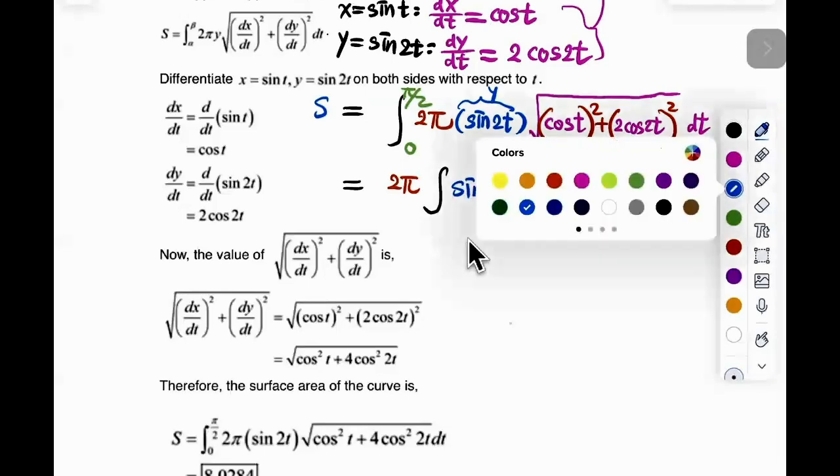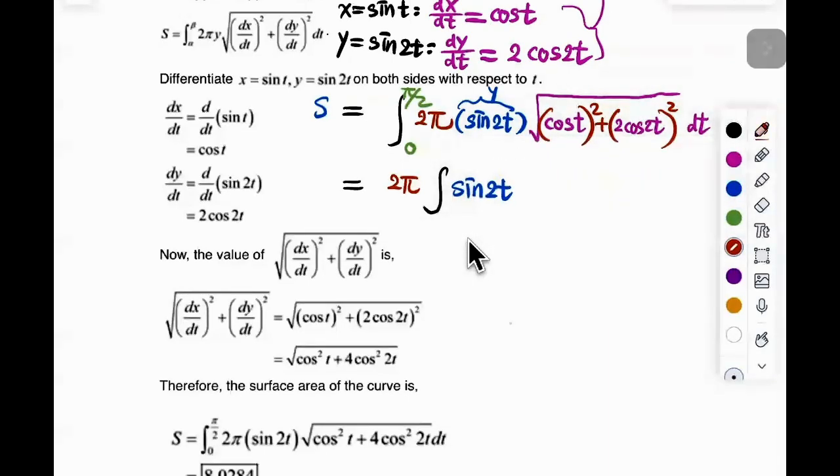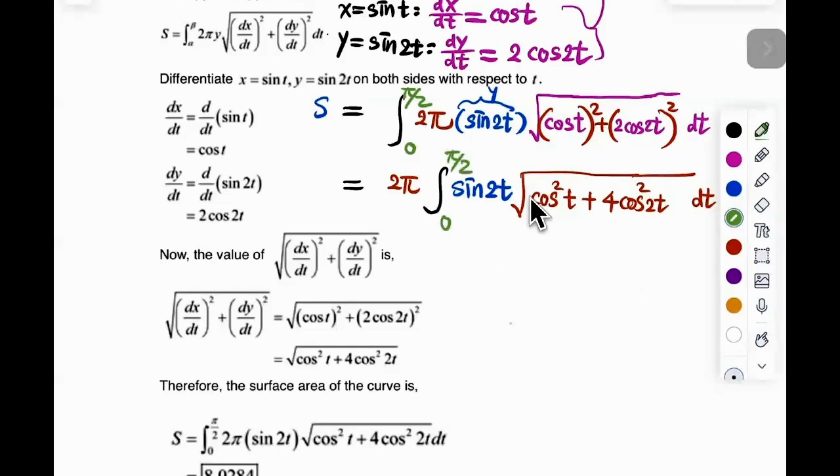And then what do we have here? Square root of, it's the same thing. Cosine squared t, and then plus 4 cosine squared of 2t. And then here we put a dt. You go from 0 to pi over 2. Okay. That will be a little bit complicated.